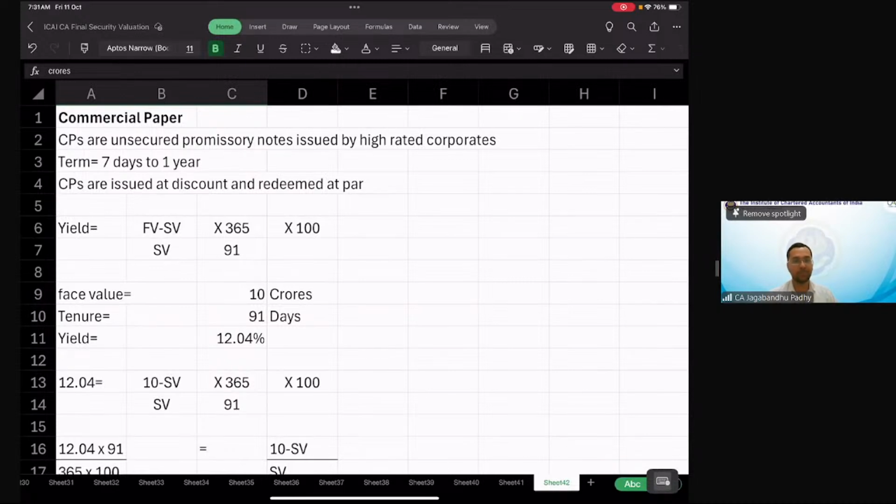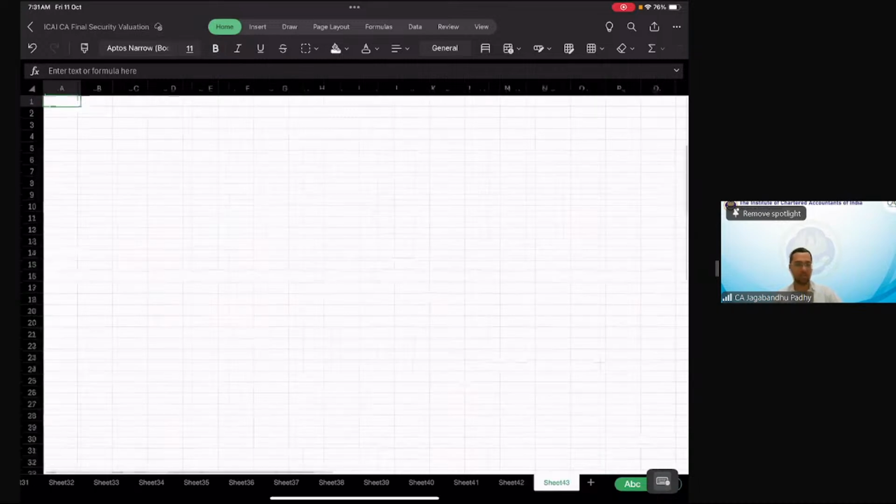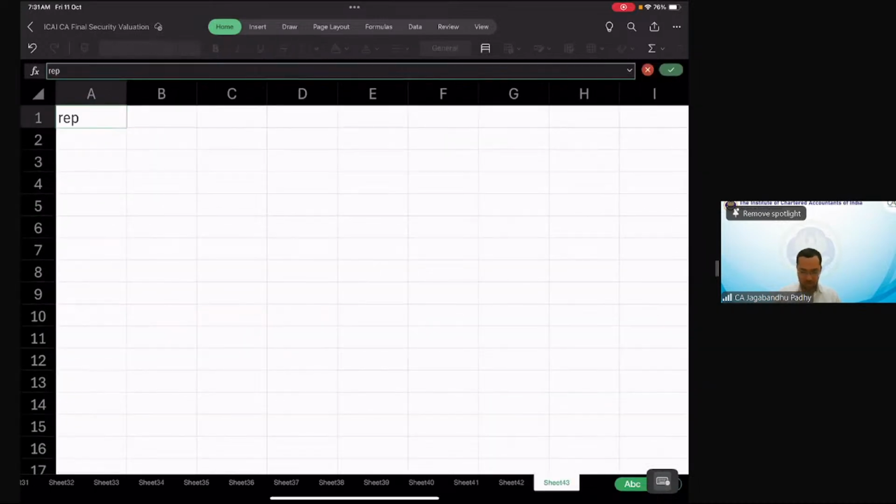Now, let's go for the next money market instrument, which is called Repo, or what we call the repurchase agreement. We know what this repurchase agreement is.